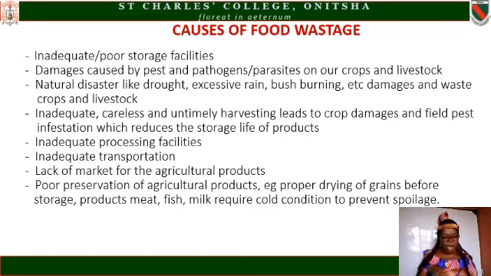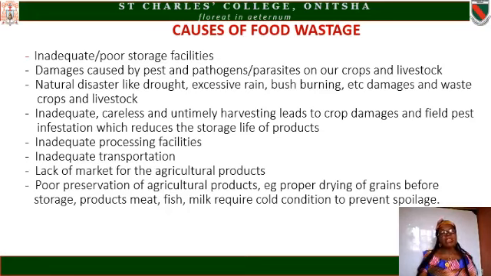Then, inadequate processing facilities. We don't have adequate processing facilities like machines that will process some of the food we have produced. Something like after harvesting cassava, and you harvested plenty of it, you need to convert some to cassava flour, to garri, and others.